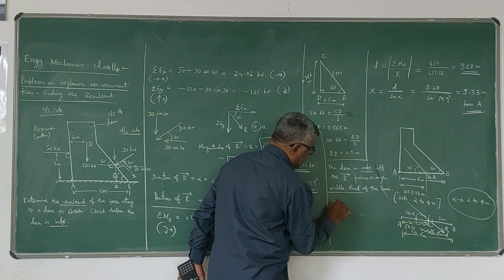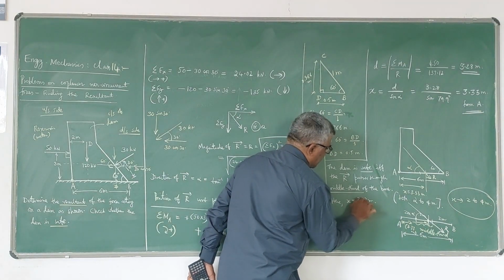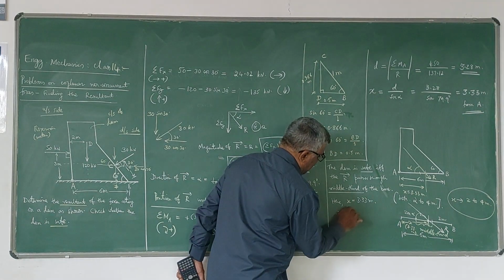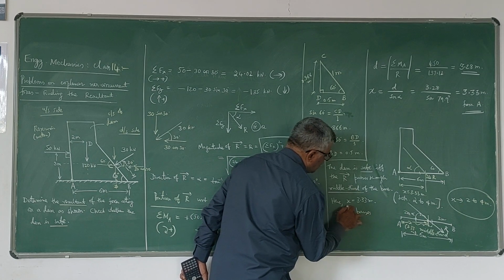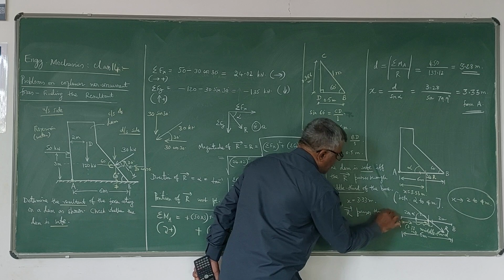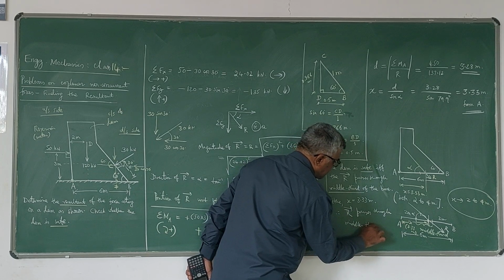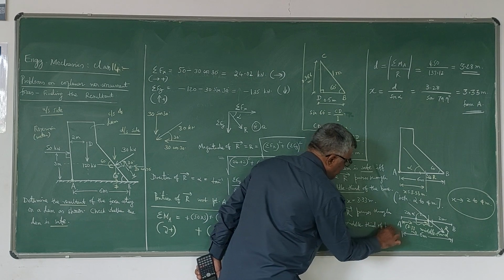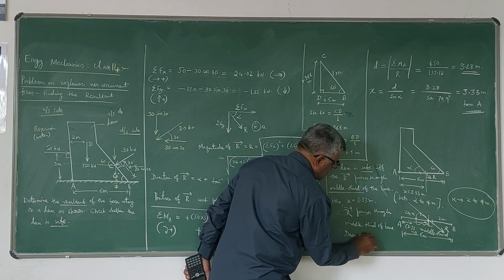Here in this case, x is equal to 3.33 meters. Therefore, the resultant R passes through the middle third of the base. Therefore, the dam is safe.